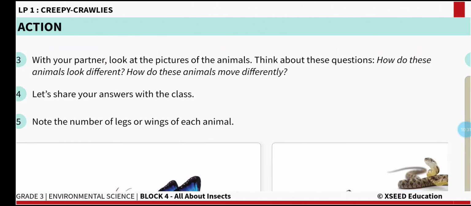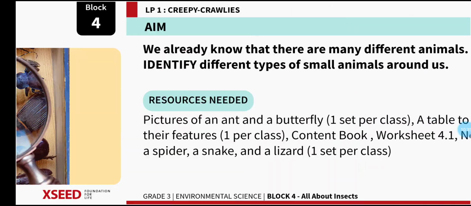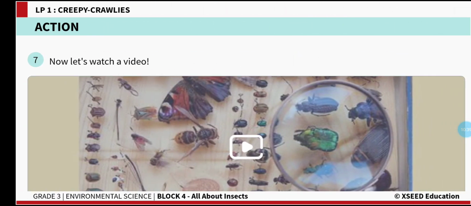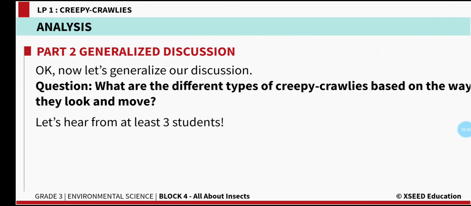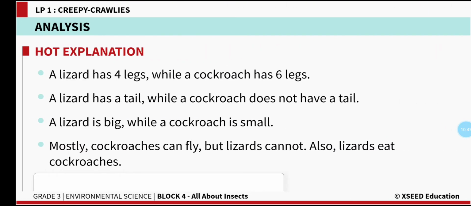Open your content book and we'll go through it once, and see what is given in the content book. How these creepy crawlies are different from each other. How lizards, grasshoppers, snakes, all these animals are different from each other, we'll see.